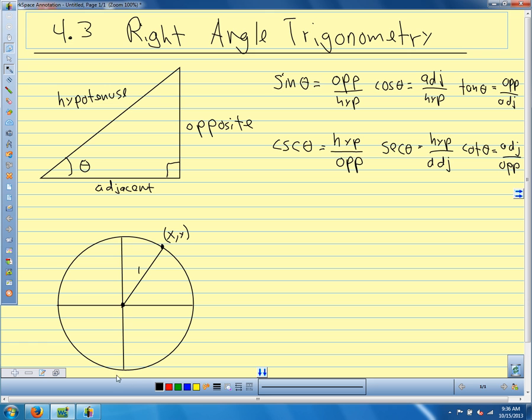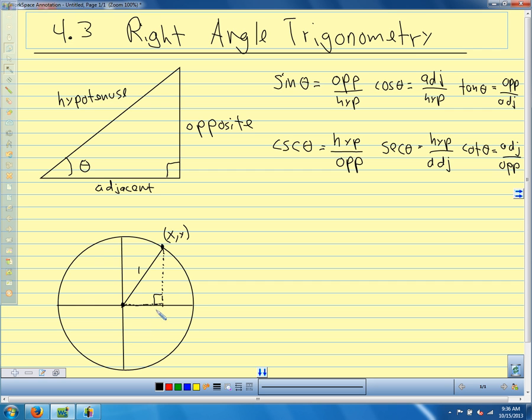Well, where did the x and the y come from? How can I think of the x and the y? How can I relate it to what we have up here? Just draw in a right triangle here. And we did that when we talked about putting our special right triangles on there.